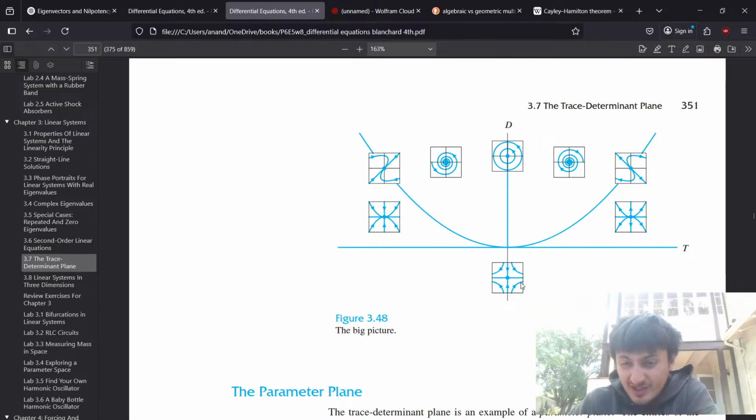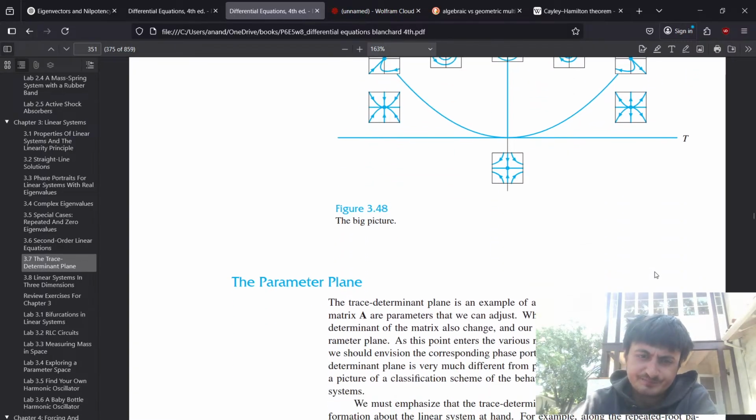Then we're going to get one positive and one negative eigenvalue. But shouldn't they have arrows here? So if the trace is... I gotta think about that.